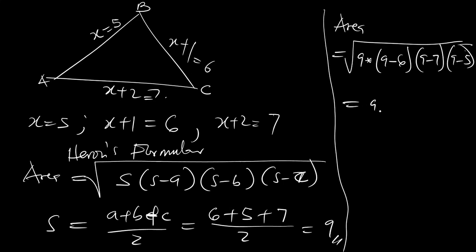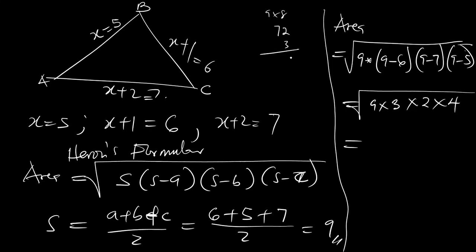So we have 9 times 3 times 2 times 4. So this is 8. So 9 times 8 will give us 72. 72 times 3 gives 216.